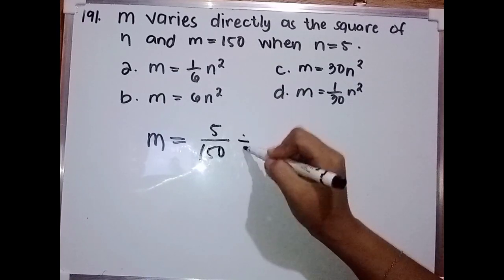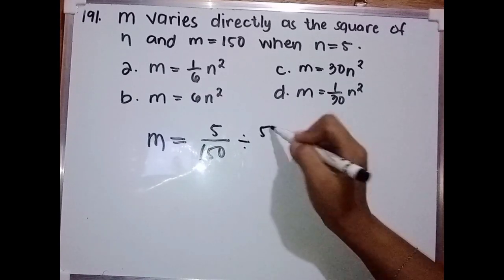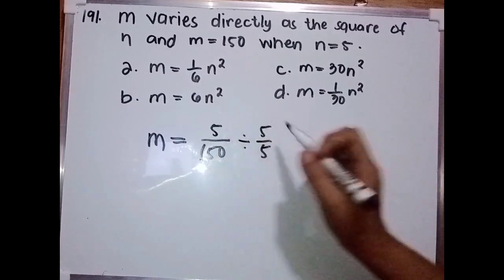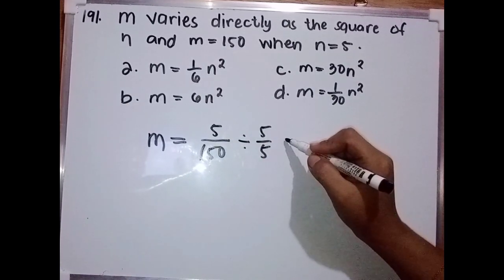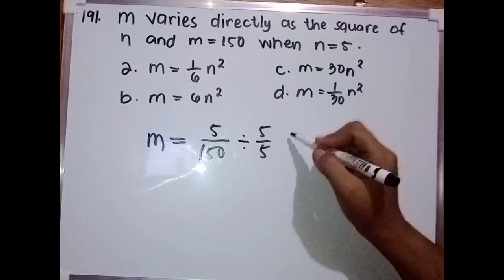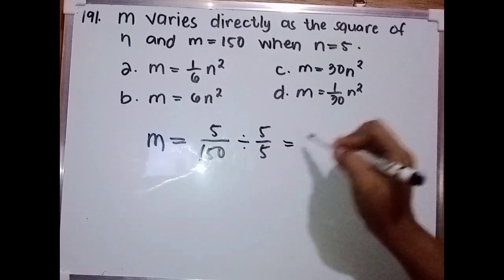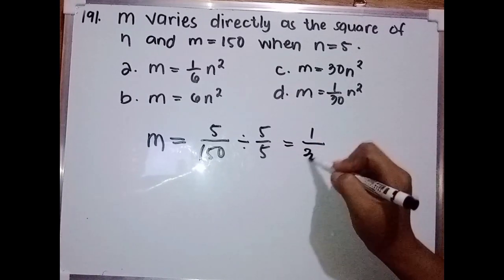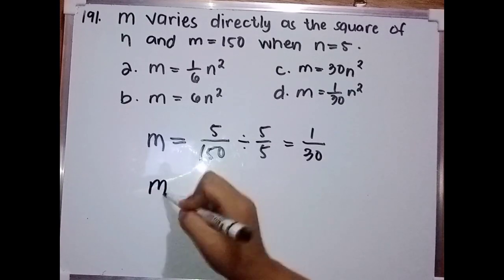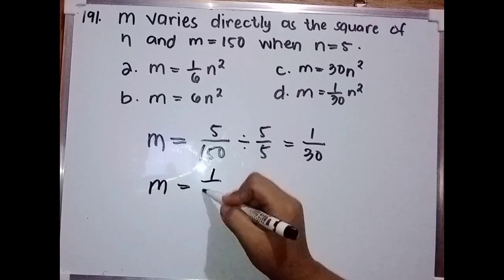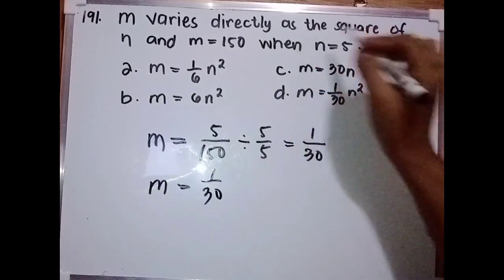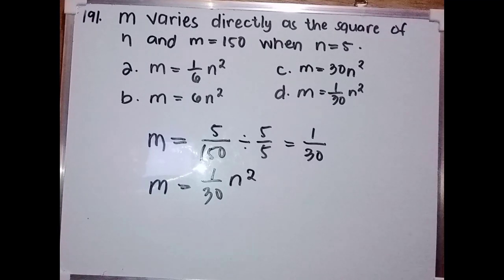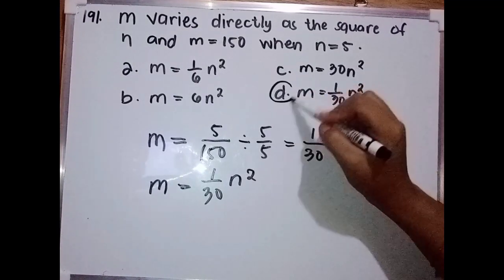They're both divisible by 5. 5 divided by 5 is equal to 1. 150 divided by 5 is 30. So therefore, m is equal to 1 over 30 as the square of n. So therefore, the answer is letter D.